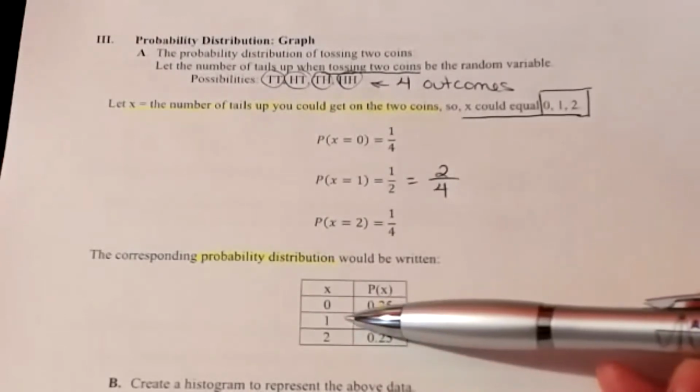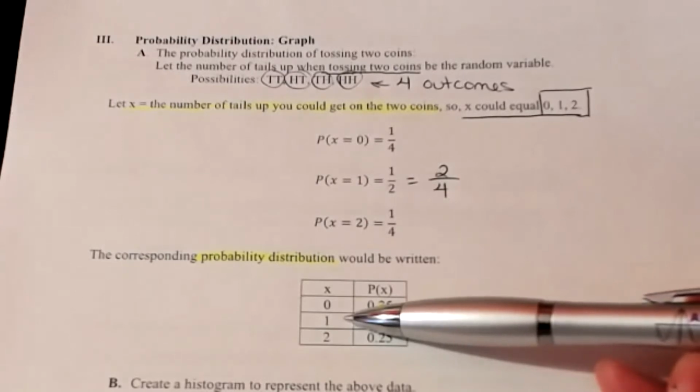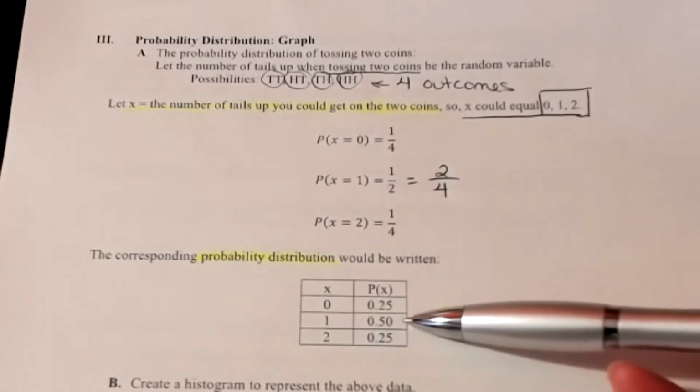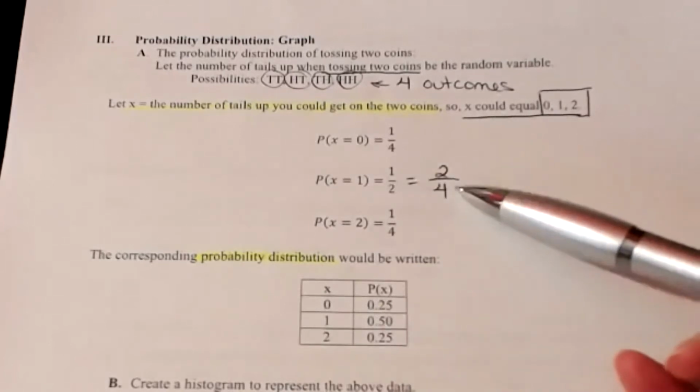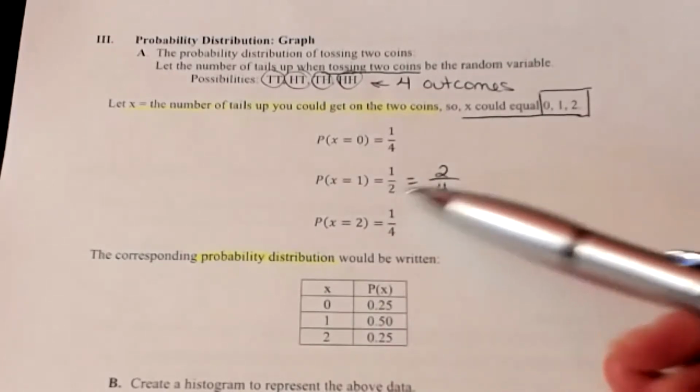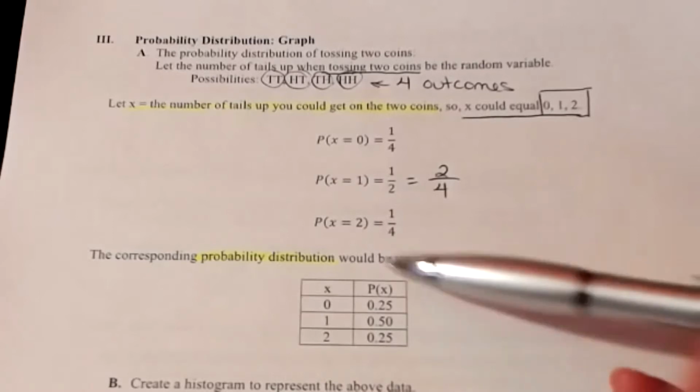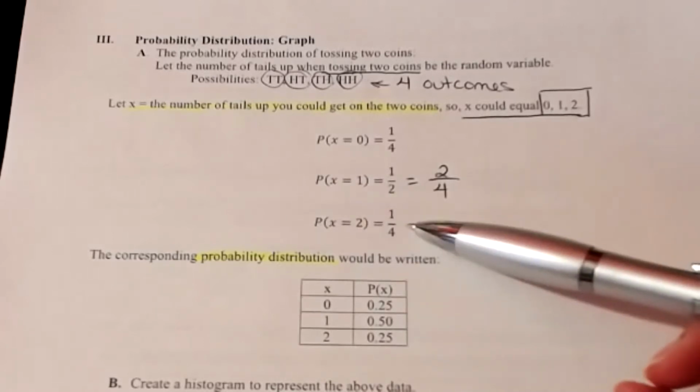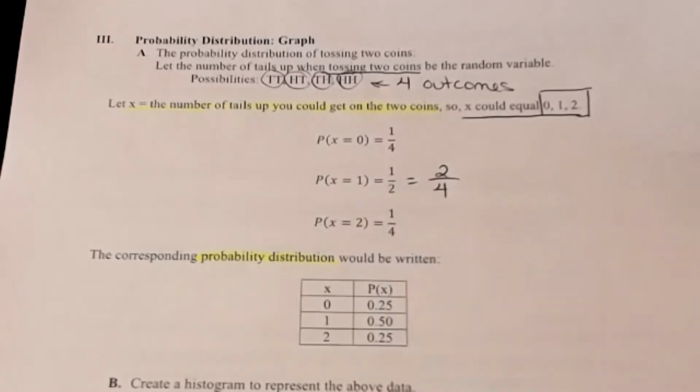For the likelihood that 1 tails is seen in the tossing of both coins, that's going to be 1/2, 0.50, right? 1/2, 2 divided by 4, same thing. These both represent 0.50. And then finally, our last probability, 1 out of 4, same thing, 0.25.